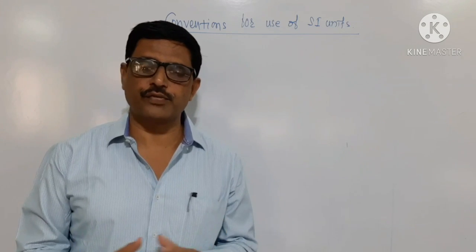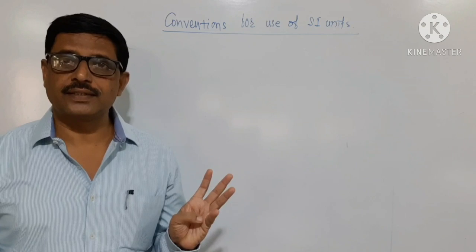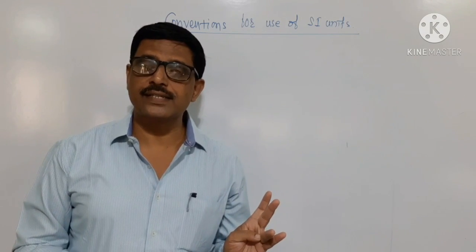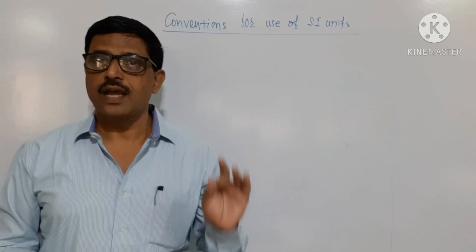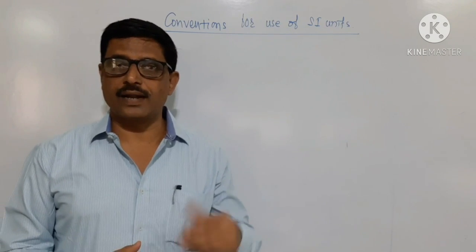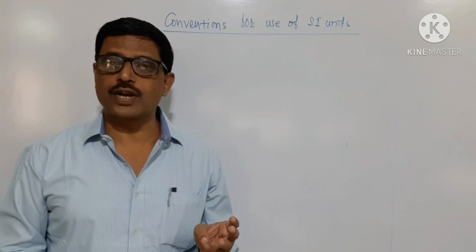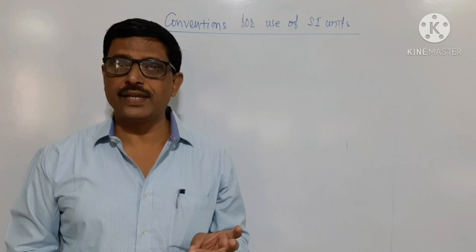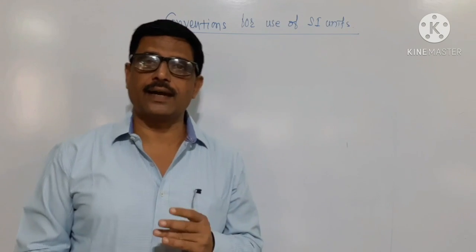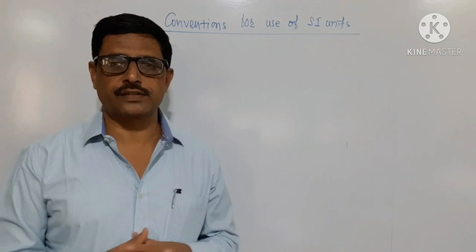In the SI system of units, length, mass, time, temperature, electric current, luminous intensity and amount of substance are taken to be the fundamental quantities, and their respective units, meter, kilogram, second, Kelvin, ampere, candela and mole, are the fundamental units.